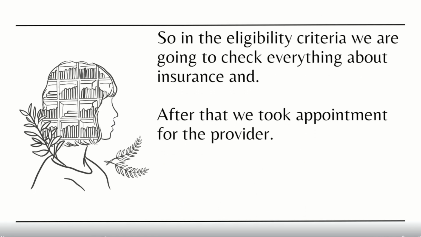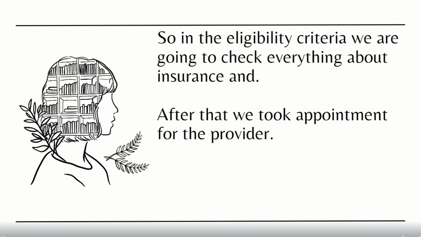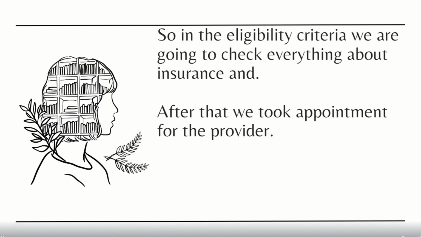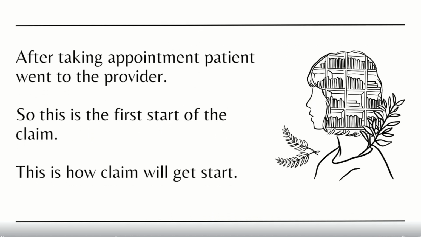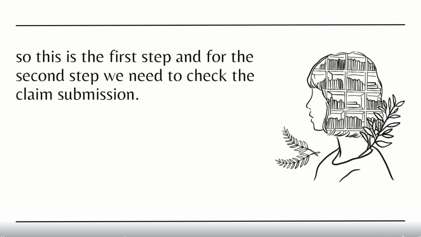In the eligibility check, we verify everything about the insurance, and after that we take an appointment for the provider. After taking the appointment, the patient goes to the provider. This is how a claim gets started. So this is the first step.